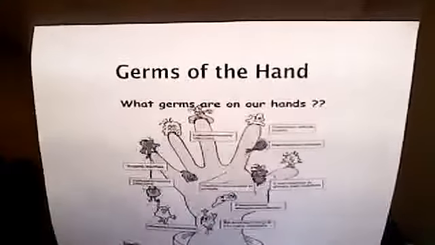And so for the next slide, I would have the germs that are commonly found on hands, and it's just all the nasty stuff that you could find. And it looks like this. There's an image.